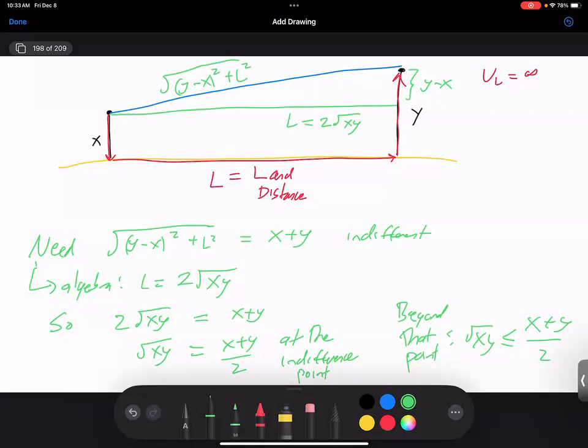So this becomes an interesting way to see the arithmetic mean, geometric mean. How do we know? Well, we have a triangle, and the hypotenuse can't be smaller than one of the sides. The hypotenuse has to be the largest side of any triangle.